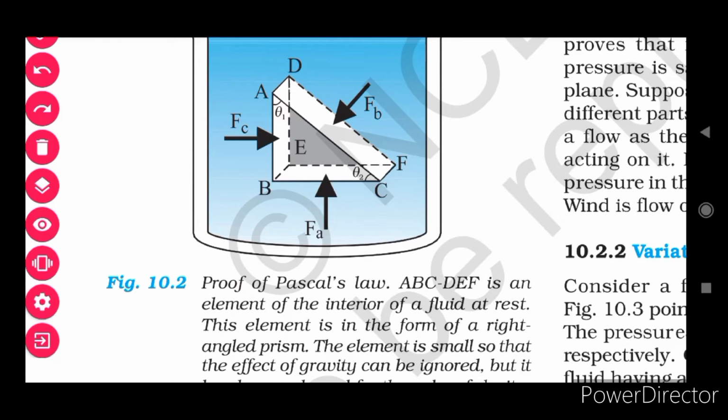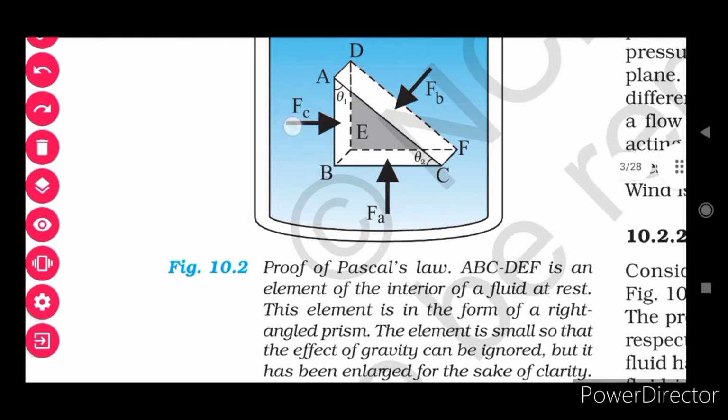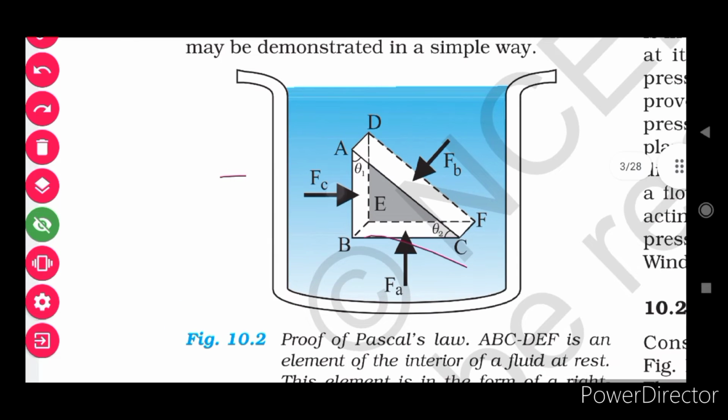The rest of the fluid will exert force on this element, and this element will exert force on the rest of the fluid, and if the forces are not normal, there will be some horizontal component, and the fluid will be flowing. But we know the fluid is at rest, so that is not possible.